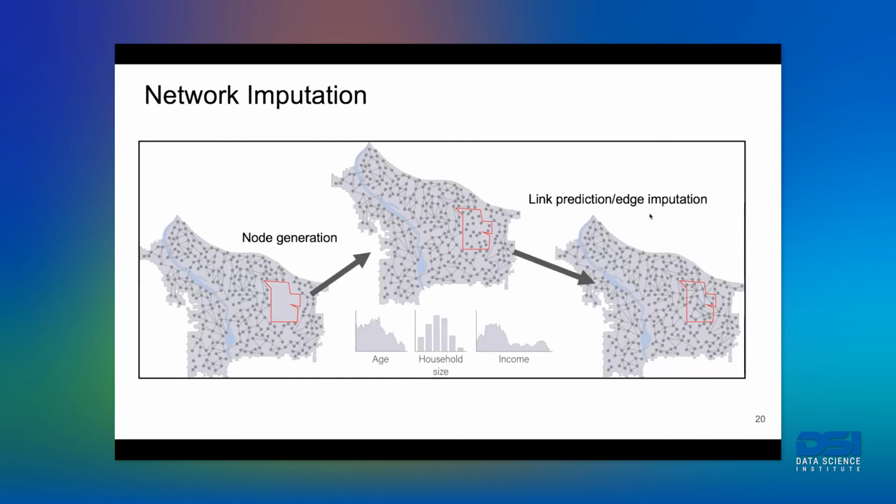Step one is to generate an artificial population of people. This is to compute the individuals that we're missing in your data set. And it'll just be individuals. You won't know how they're connected to one another. And then in the second stage, you can apply the link prediction approach I just showed you to stitch them together with themselves and with the rest of the graph. And so by combining these two steps, you can solve the network imputation problem.